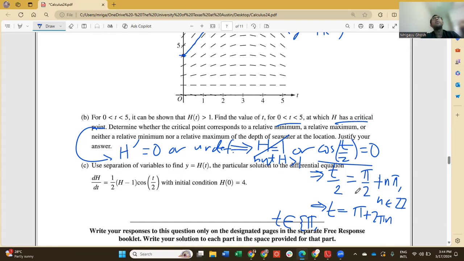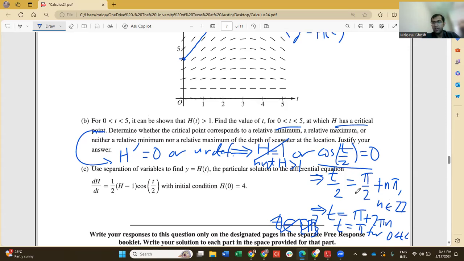Is that too big? 3 pi is too big because pi is 3.1415 dot dot dot, so 3 times that would be about 9, which is bigger than 5. So the only solution that lies in our interval is t equals pi. So I could have just written that: t equals pi for 0 is less than t is less than 5.